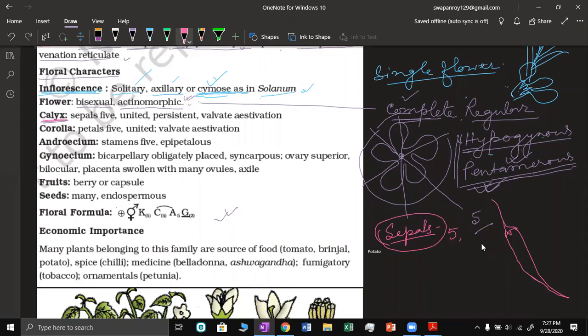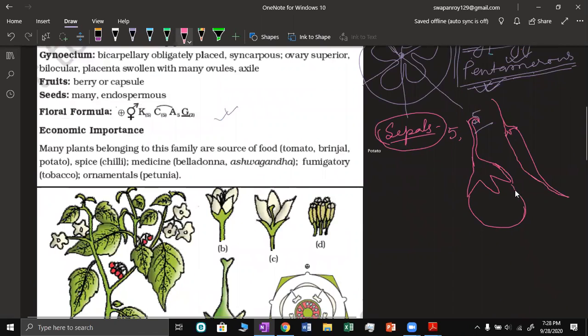The brinjal you bring home, say brinjal is like this. These are the calyx.